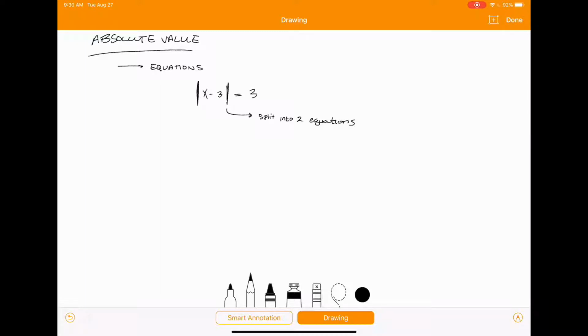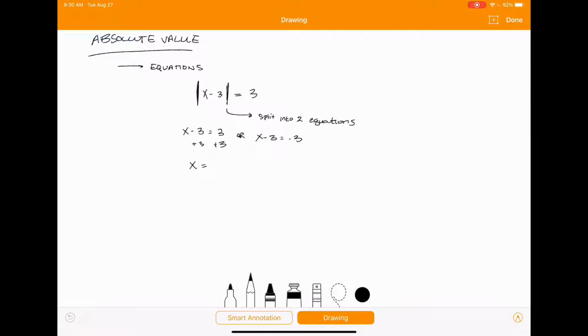And so how you're going to do that, you're going to go x minus 3 is equal to positive 3, and x minus 3 is equal to the opposite of this value here, so negative 3. All right, and then you're just going to solve those individually.